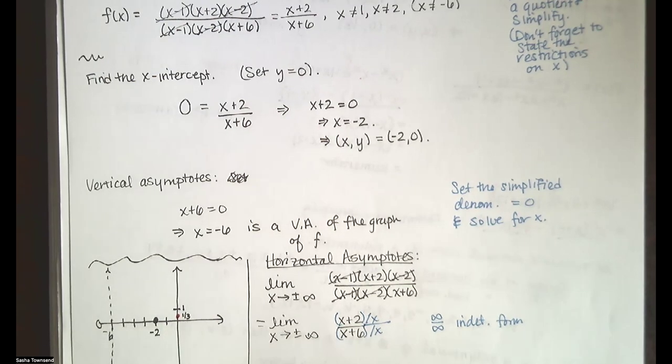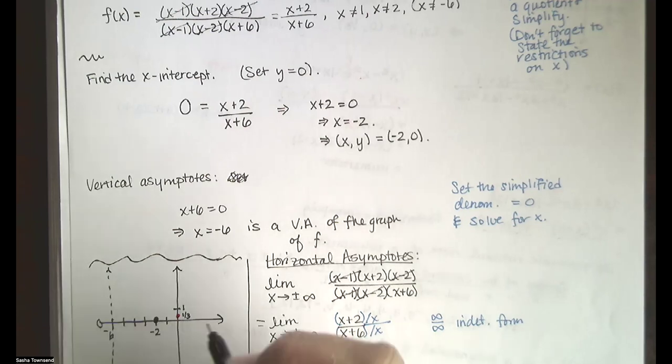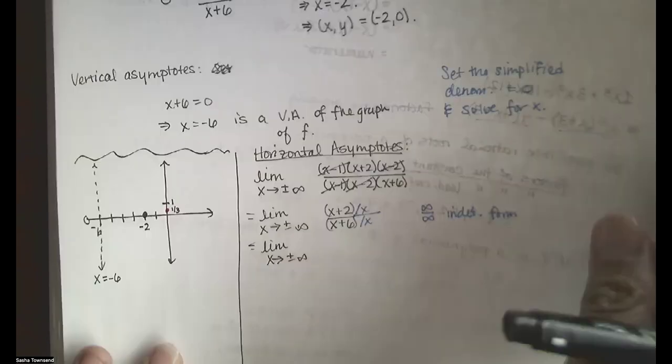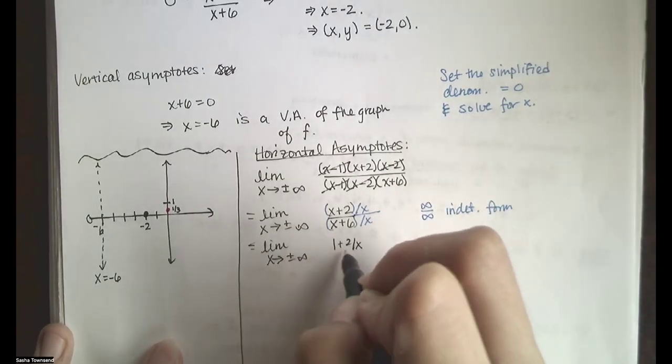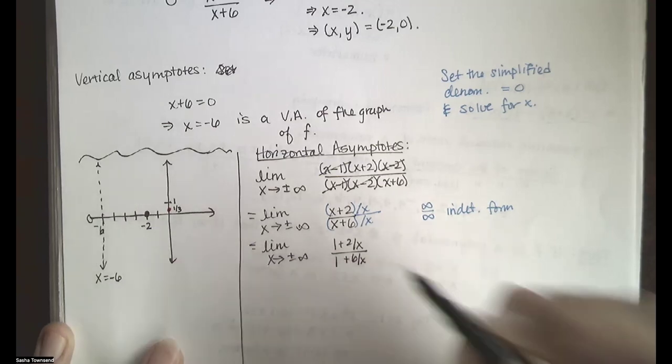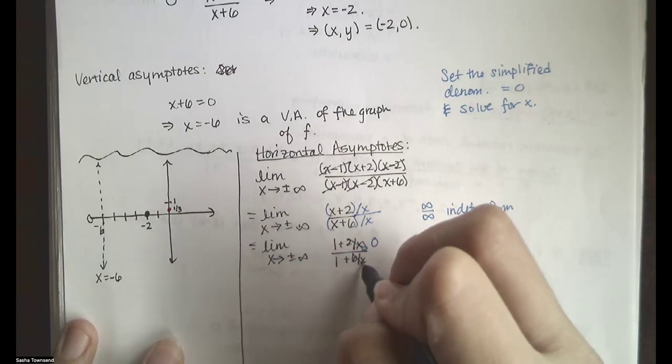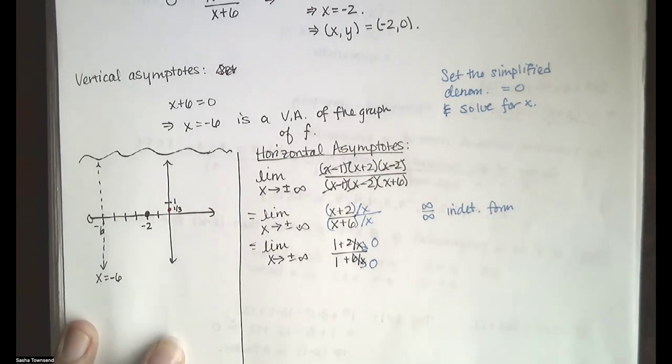We divide by the highest power of x in the denominator. And we've done this before. So we divide by x. Make sure you divide every term in the numerator by x. Then 2 over something very large is something very small. Same thing with 6 over something very large, and we get a limit of 1.